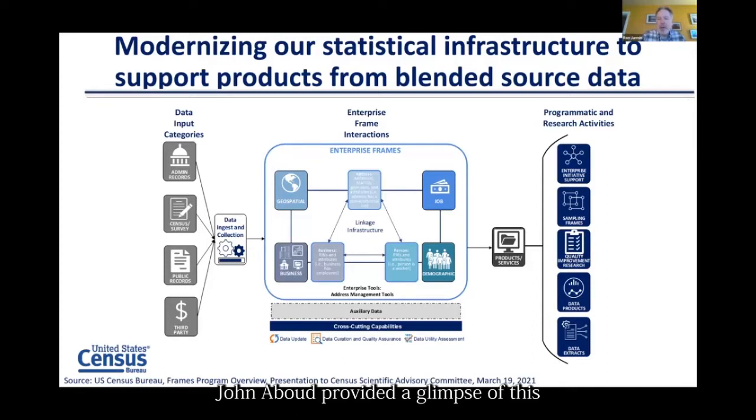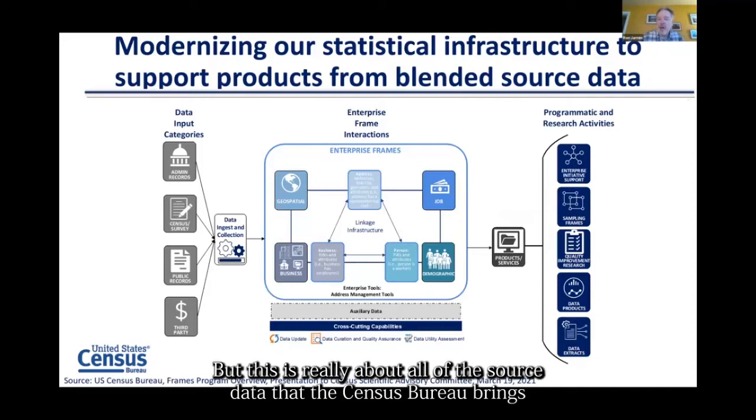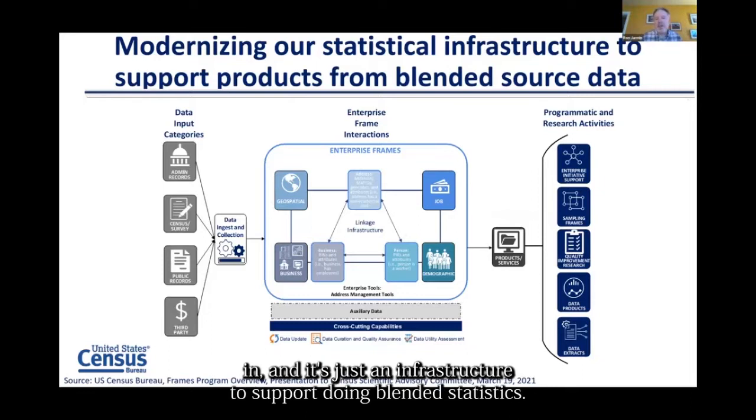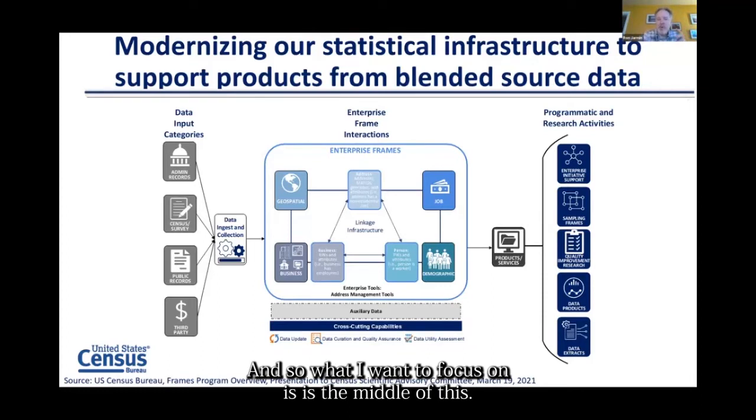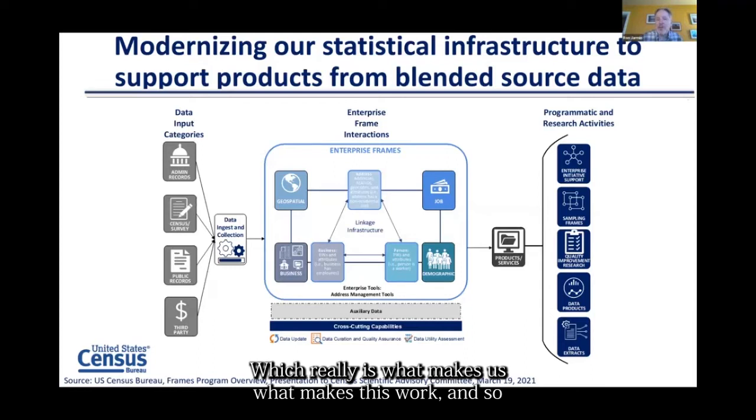John Abowd provided a glimpse of this when talking about using administrative data, but this is really about all of the source data that the Census Bureau brings in, and it's just an infrastructure to support doing blended statistics. And so what I want to focus on is the middle of this, which really is what makes this work.